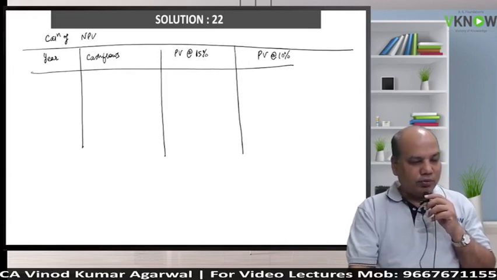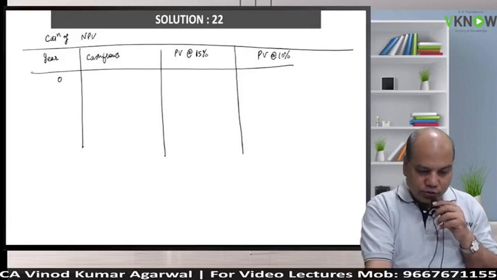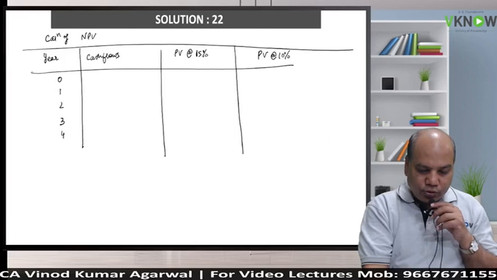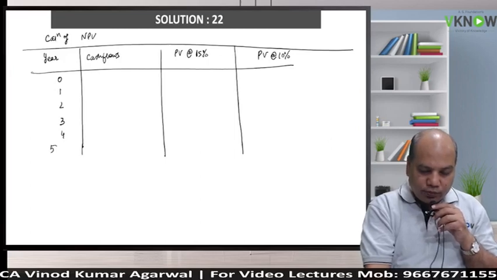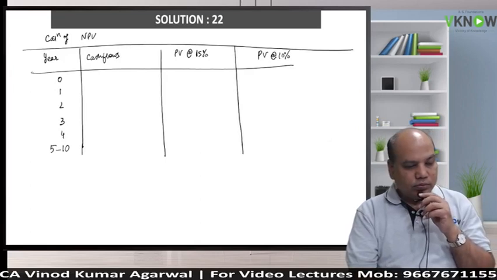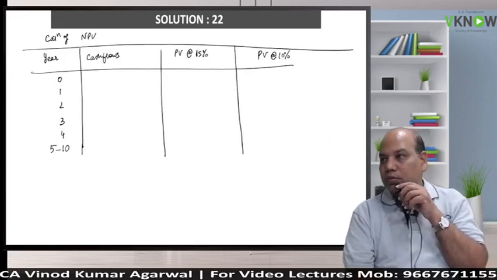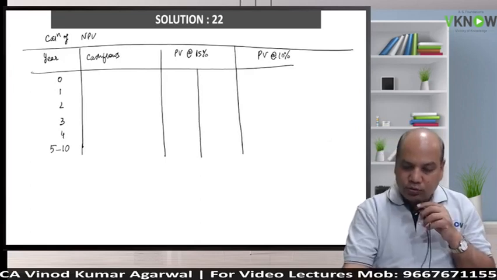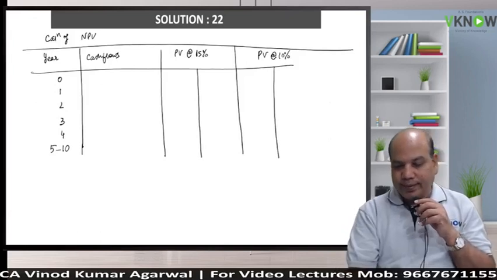Don't worry, I am with you. Year 0, 1, 2, 3, 4, 5 dash 10. You want to write factor, you can just draw one more column, easier. No problem.